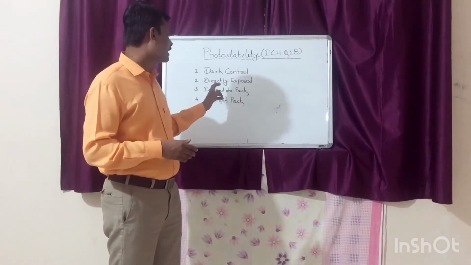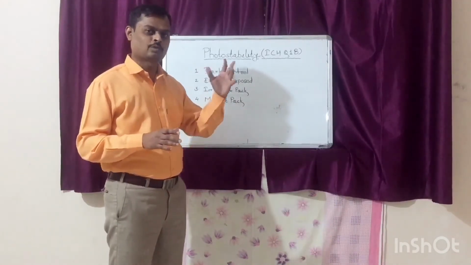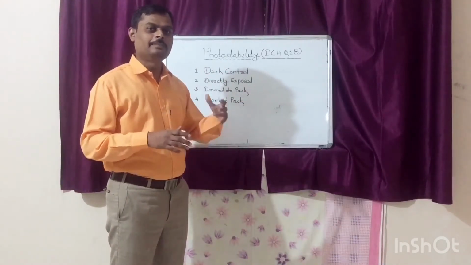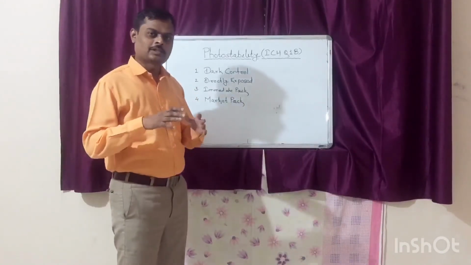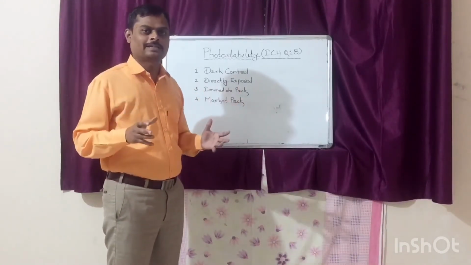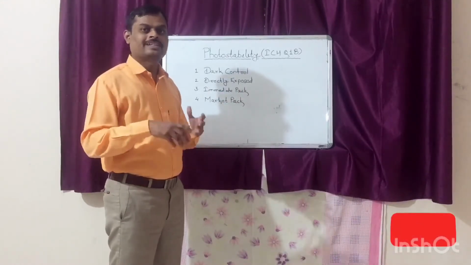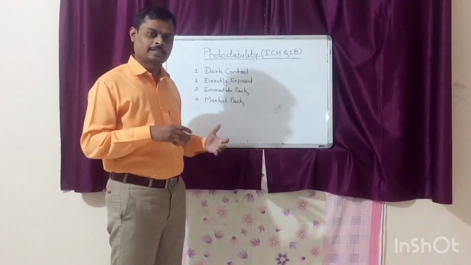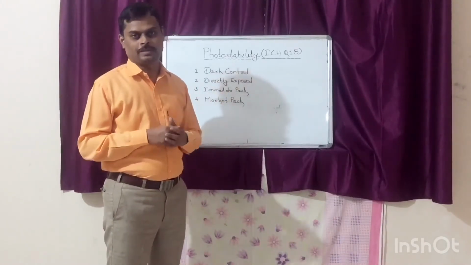The third type is immediate pack samples. It means that you have to expose your samples in their immediate pack. For example, in case of liquid, if your immediate pack is an ampoule, amber color ampoule or transparent ampoule, in that case you have to expose your ampoules directly under the photostability chamber.